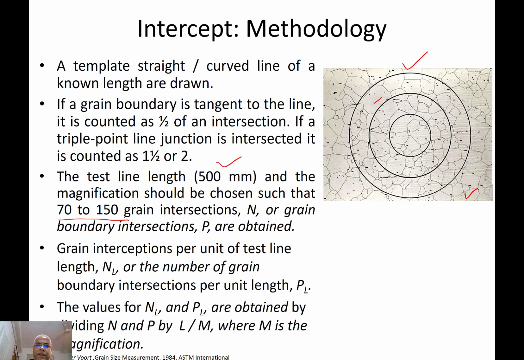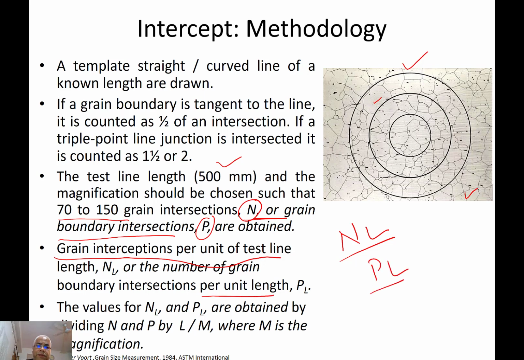When the grain intersections are counted, we use N, and when the grain boundary intersections are counted, it is counted as P. Then we determine the grain interceptions per unit test length as NL, or the grain boundary interceptions per unit length as PL.